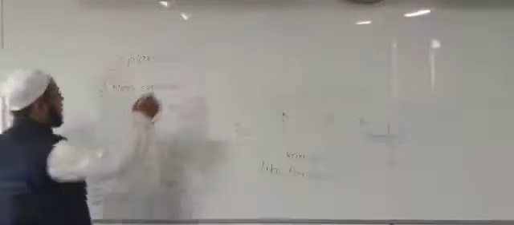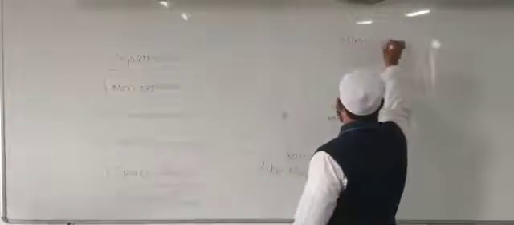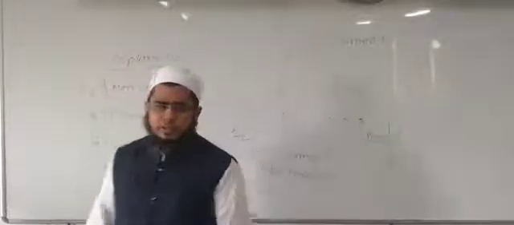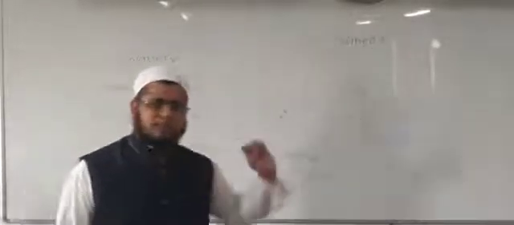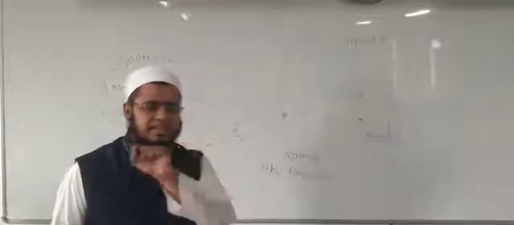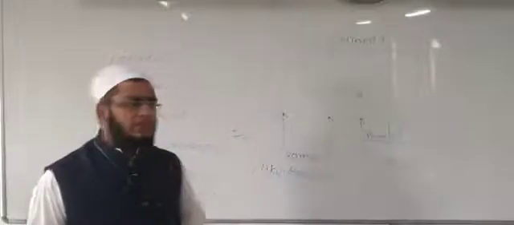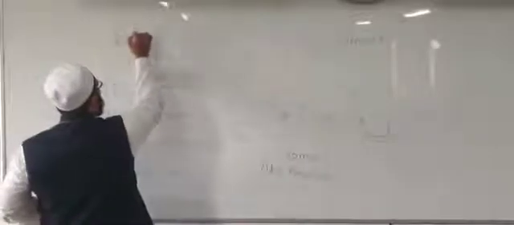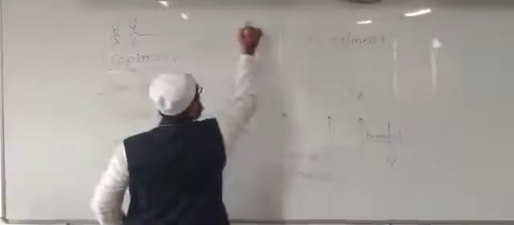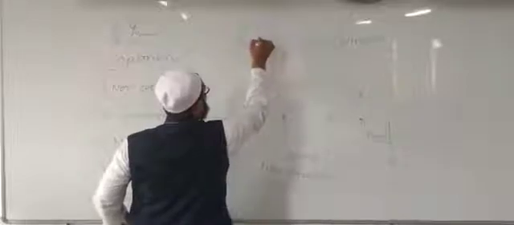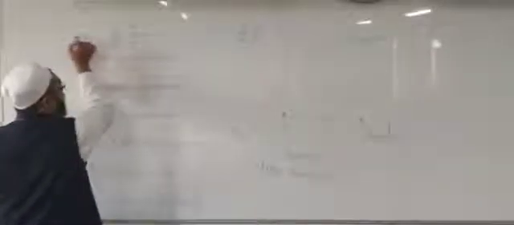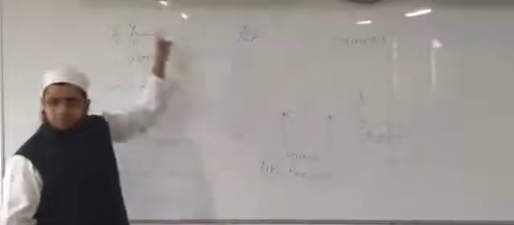Then there is another type of force system, that is the collinear force system. Collinear force system, it is the seventh type. In collinear force system, the lines of action of all forces lie in a single line. The best example is tug of war. Both teams are applying the force along the rope.